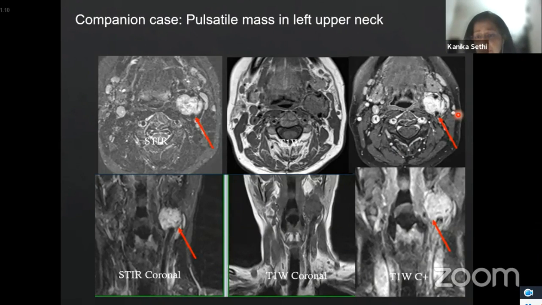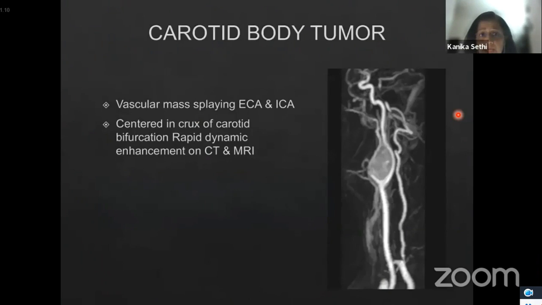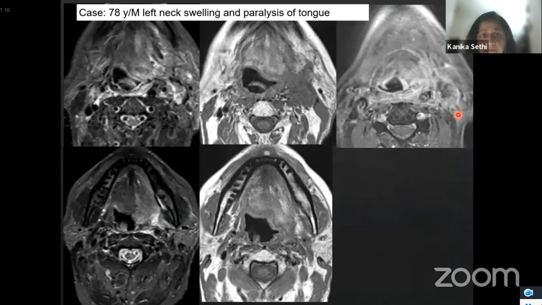The vagus nerve is posterior to the carotid vessels. You can have necrotic ill-defined lesions, also like nodes in the carotid space, which can involve the nerves, the vagus, the 12th nerve.